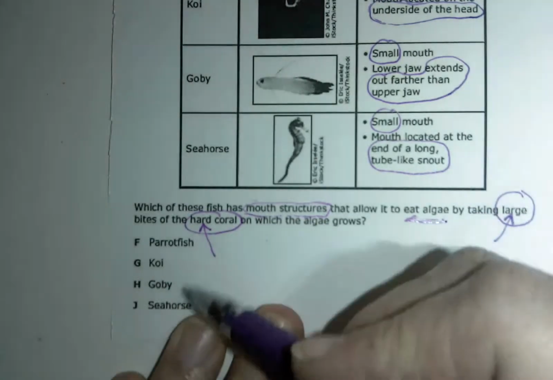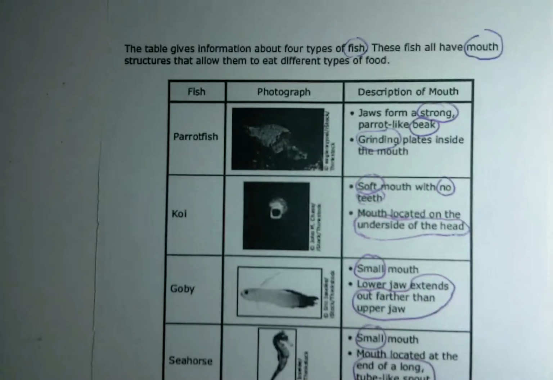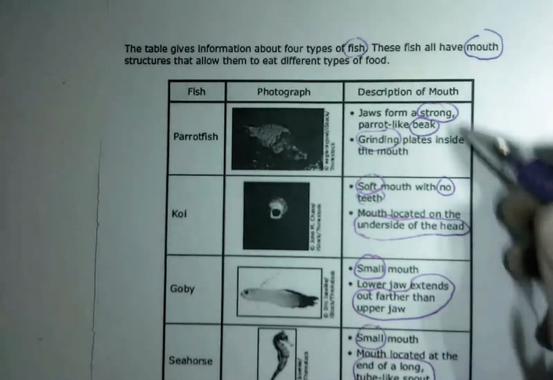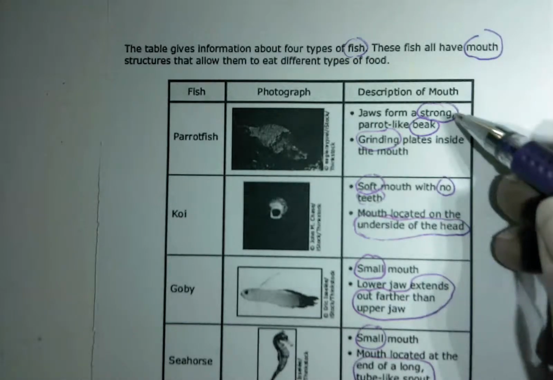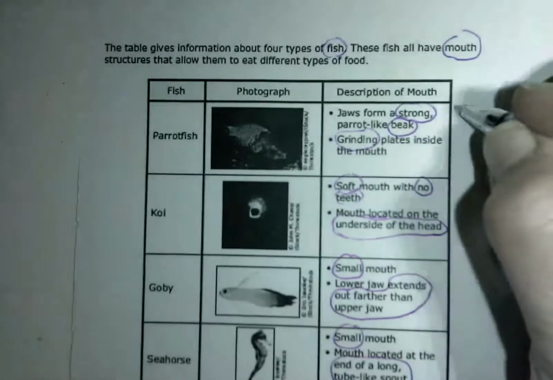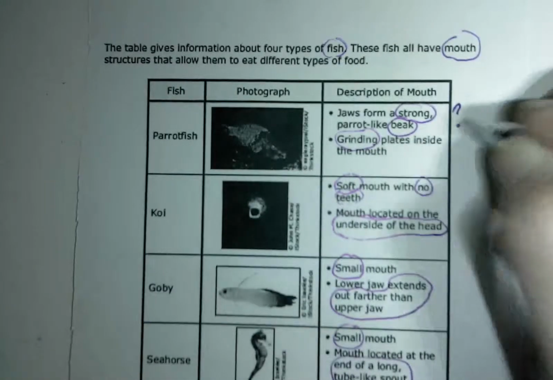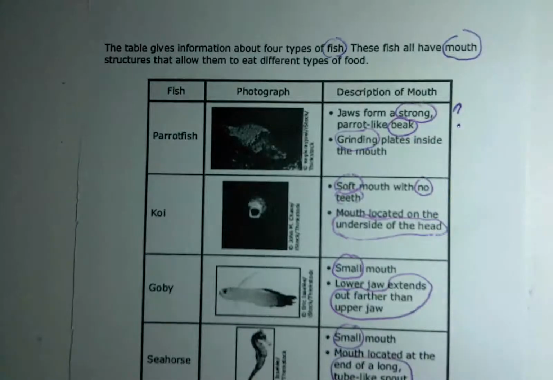Okay, now we could go down here and X these off, but we're going to go up and actually use these up here. So, will this handle large? It doesn't say anything about the size, so we're going to put a question mark as to whether it can handle large. And can it handle hard?